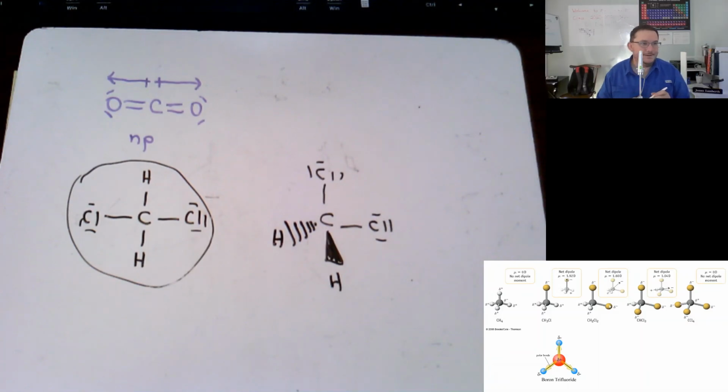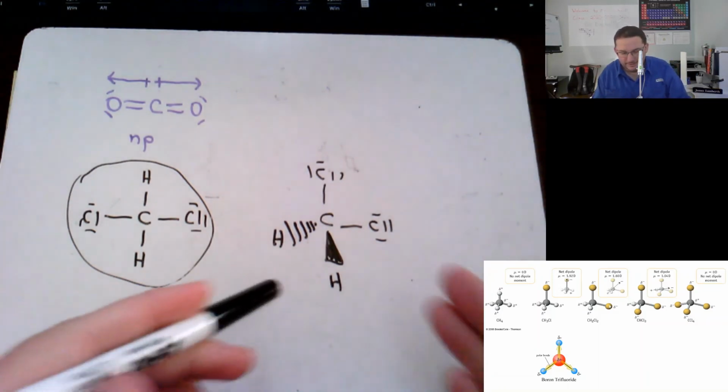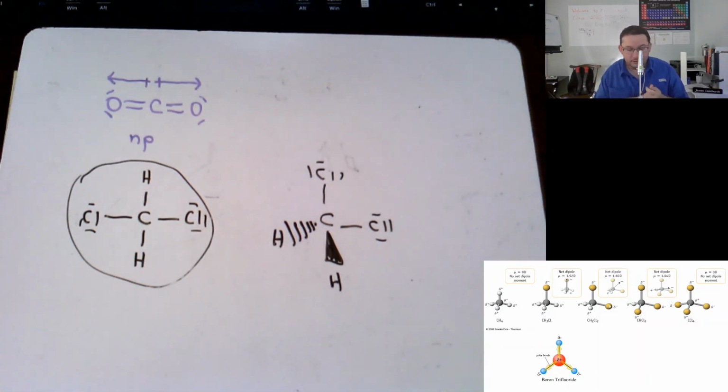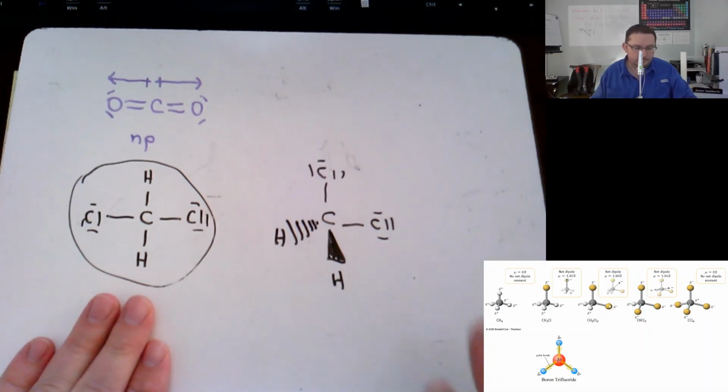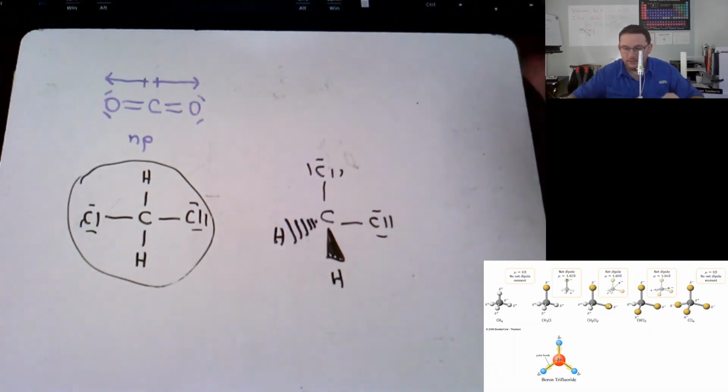This is used a lot in organic chemistry, and that would be a better way to write this on a 2D piece of paper. Again, not requiring you to. This one is perfectly fine. I'm just showing you another way that you may see if you're looking at some things online.